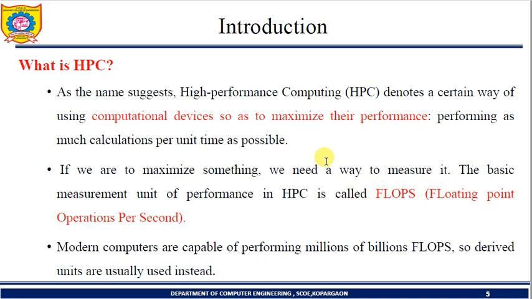This is the unit used to measure the performance of any parallel computing system, or we can say supercomputers, which are available. Modern computers are capable of performing millions of billions of flops. So derived units are usually used instead. Nowadays, the performance of any parallel or high performance computing system is measured by how many floating point operations are executed per second by that system. Based on that, the performance of the parallel system is measured.